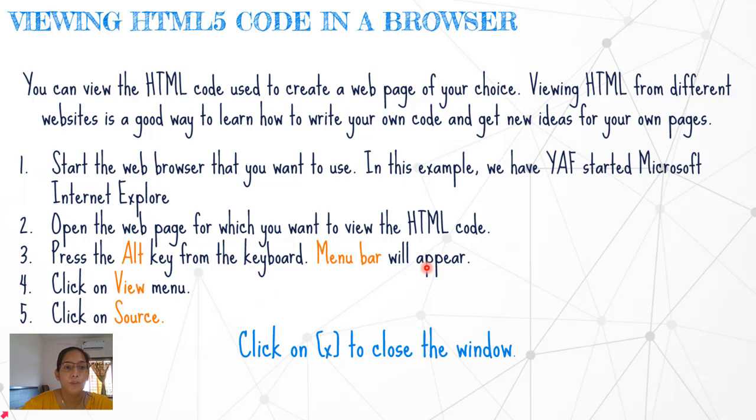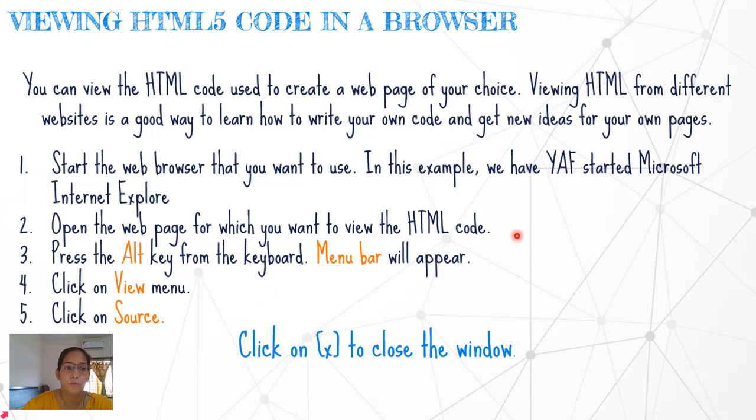You can view the HTML code used to create a web page of your choice. Viewing HTML from different websites is a good way to learn how the code is written, and you will also get new ideas for your new pages.